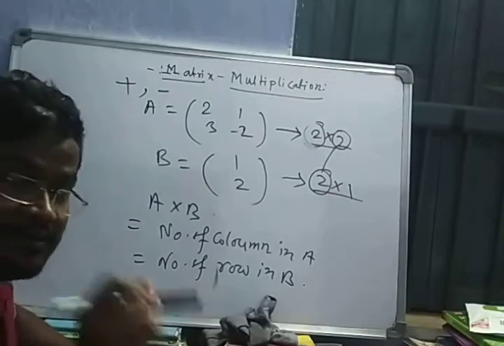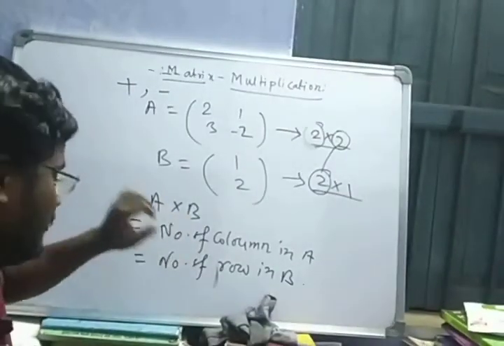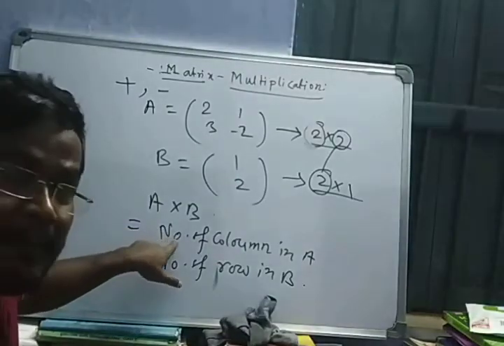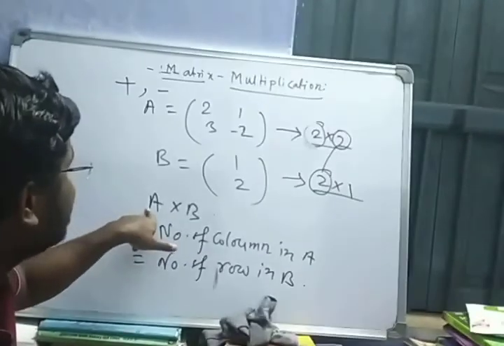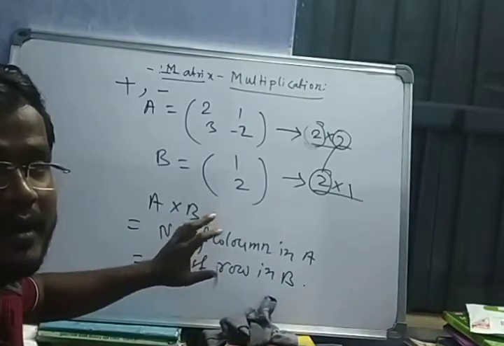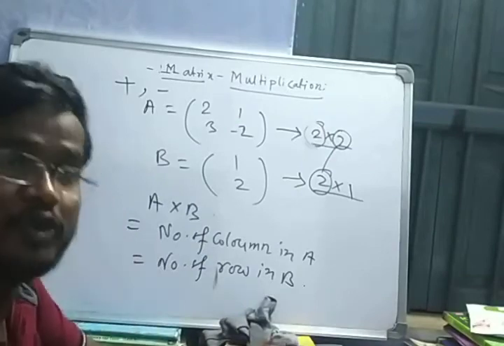And just listen to one thing. A into B. I wrote the number of columns in A. Why A? Why not B? Since I multiplied A into B, because matrix multiplication does not follow the commutative law.